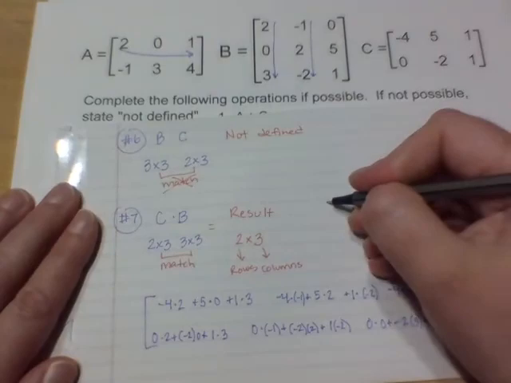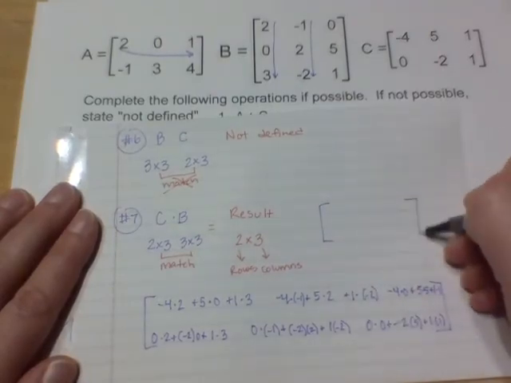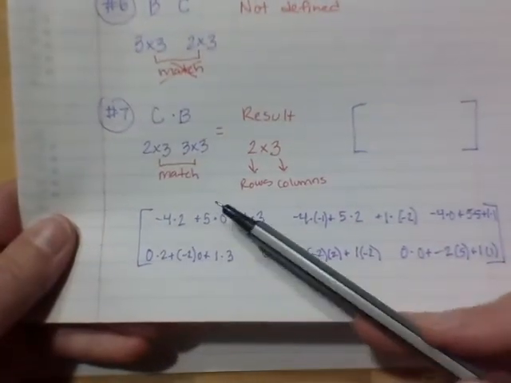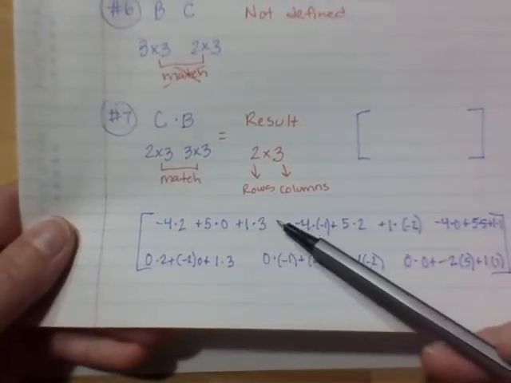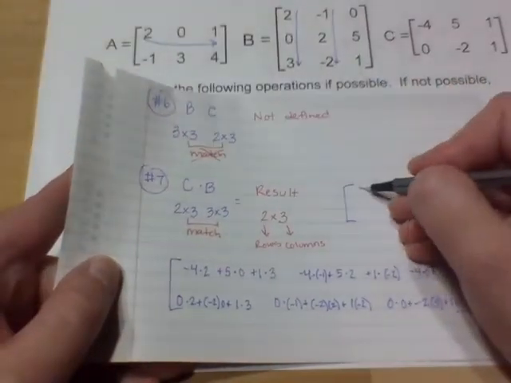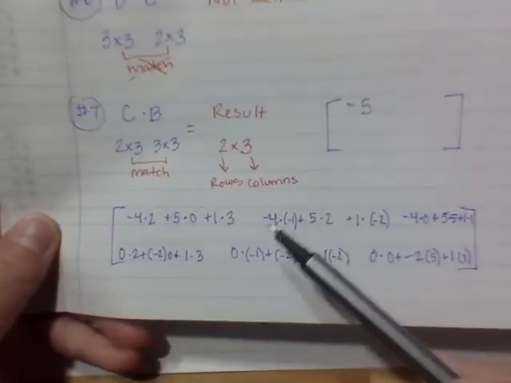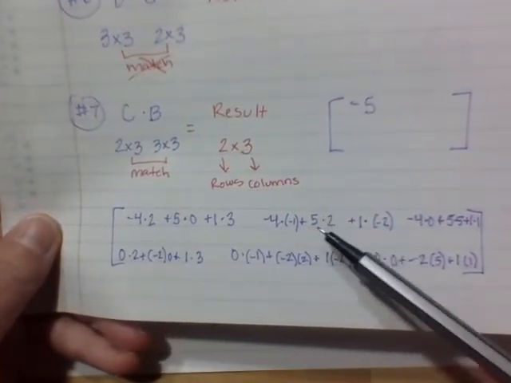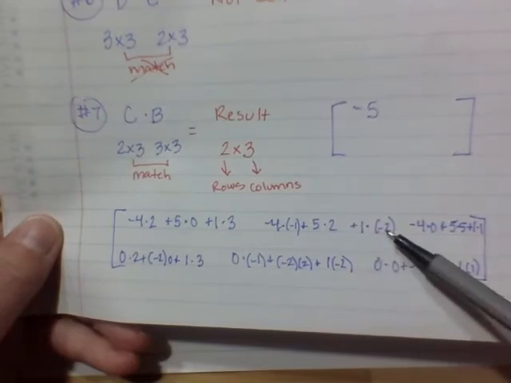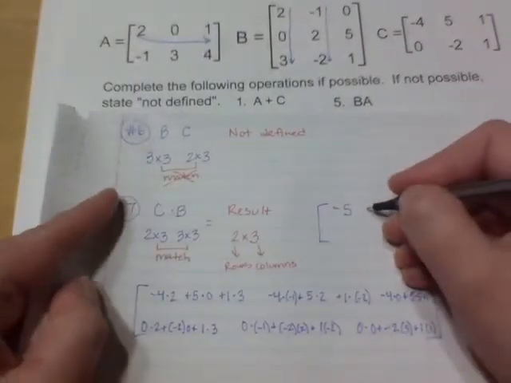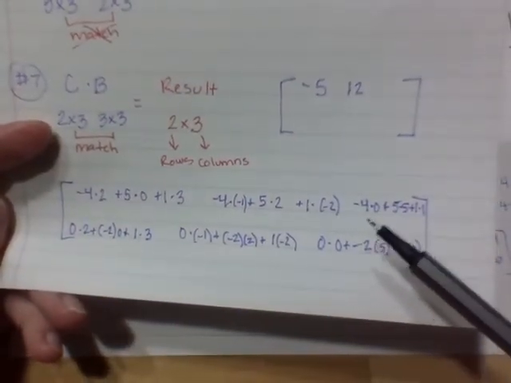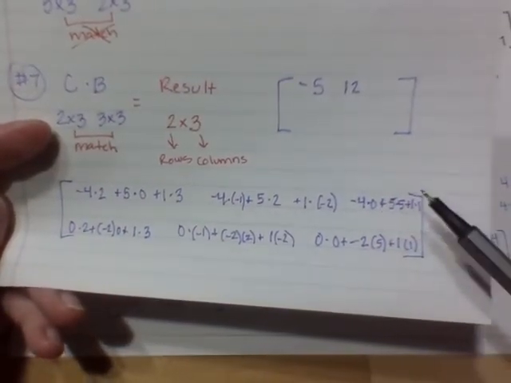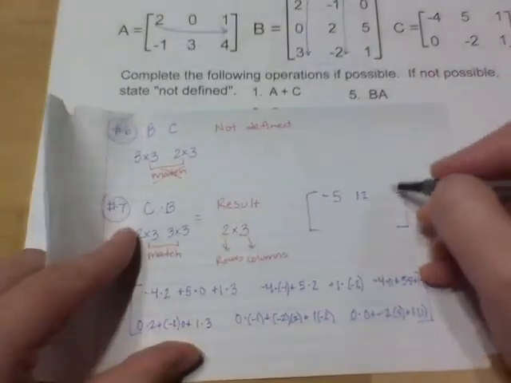All right, so now we can get our resulting 2 by 3 matrix. So we have -8 plus 0 plus 3, so -5. Over here we'll have 4 plus 10 minus 2, so 12. And then the last piece is 0 plus 25 plus 1, so 26.